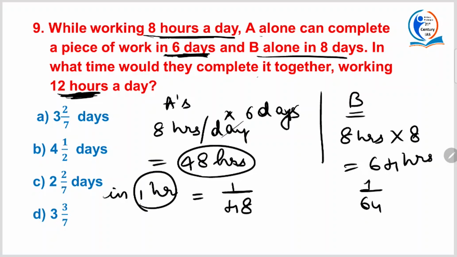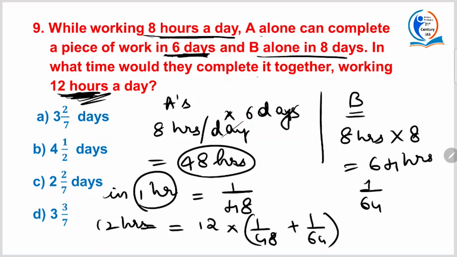If they are working together for 12 hours, the work will be equal to 12 into 1 by 48 plus 1 by 64. What is the LCM of 48 and 64? It is 192, because 48 4s is 192 and 64 3s is 192, so that is the least common multiple.